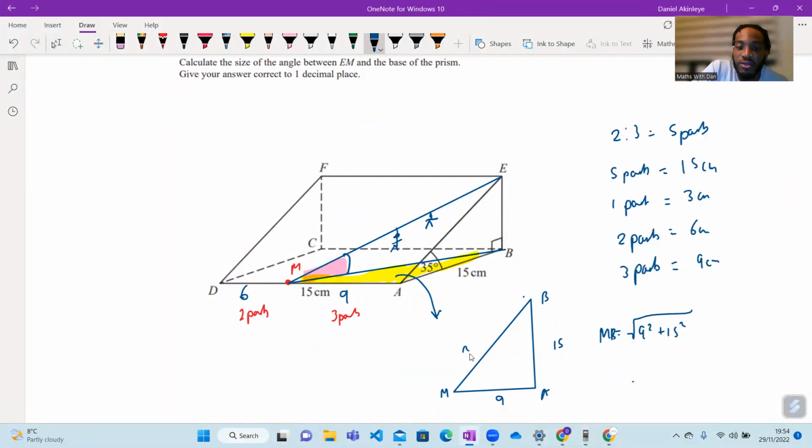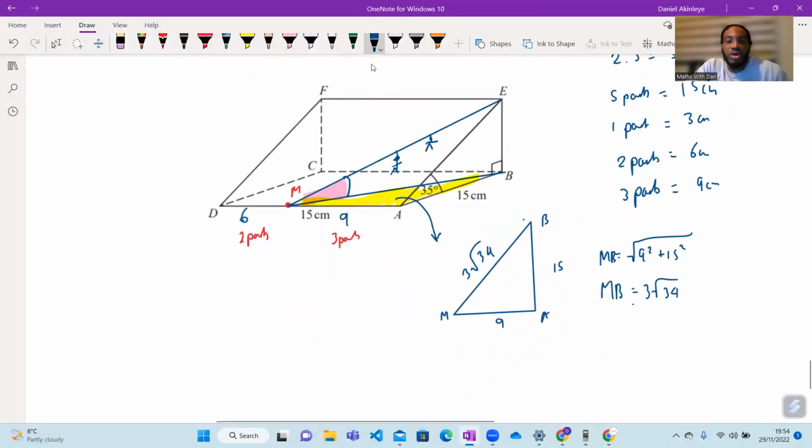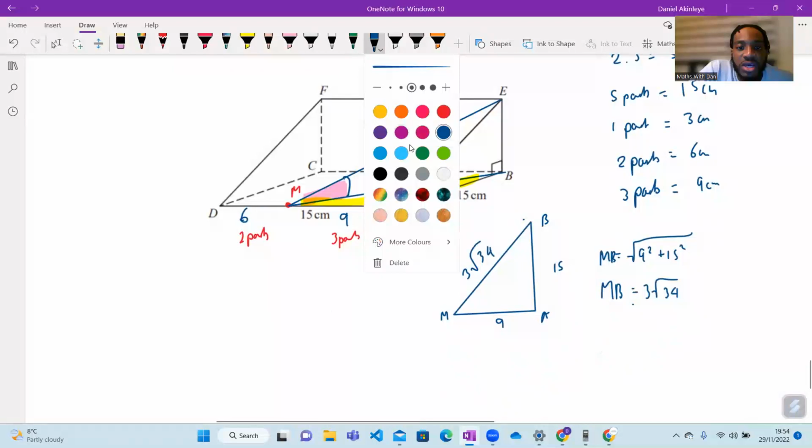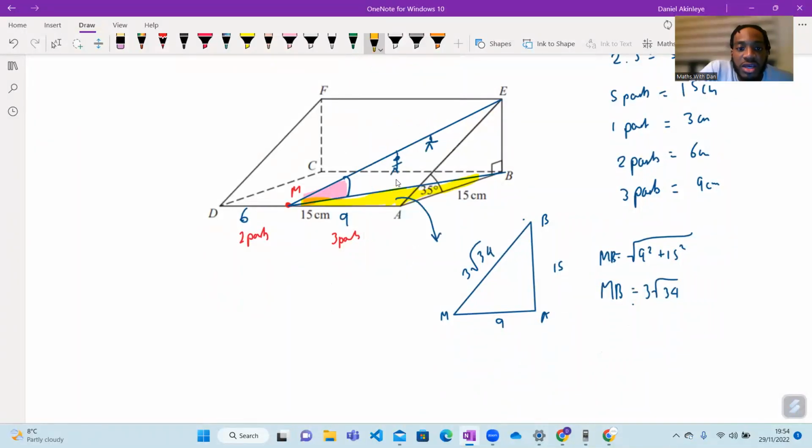I'm just going to leave it at that. MB is equal to 3 root 34. Remember, always keep it in exact value so you don't lose any accuracy. This side here is 3 root 34. That's fine, and then what else could we work out?